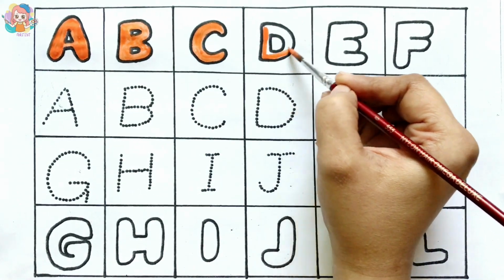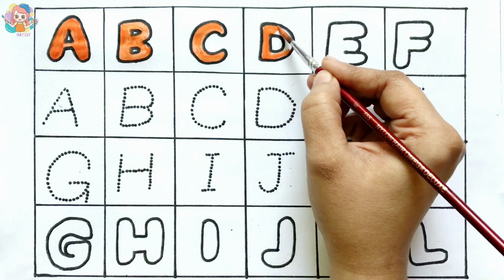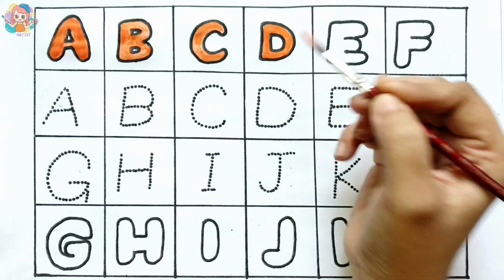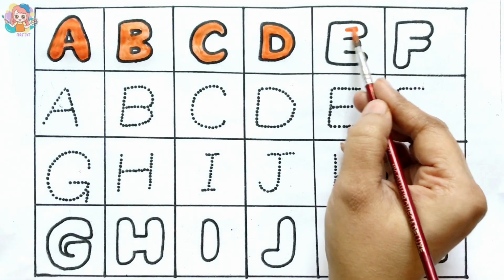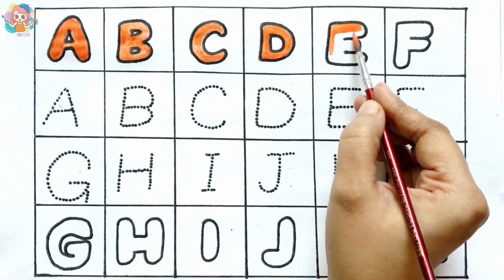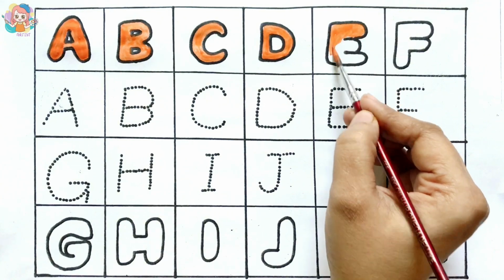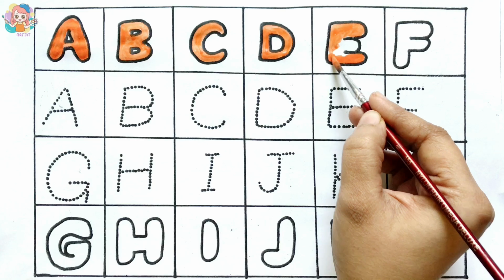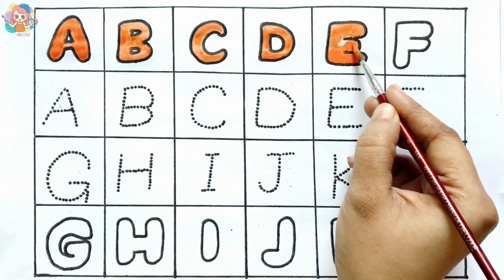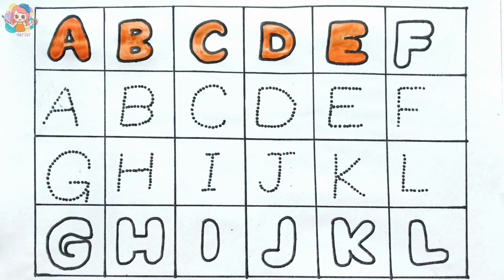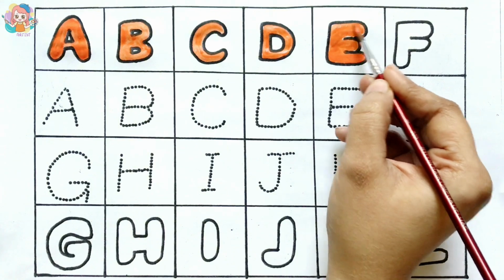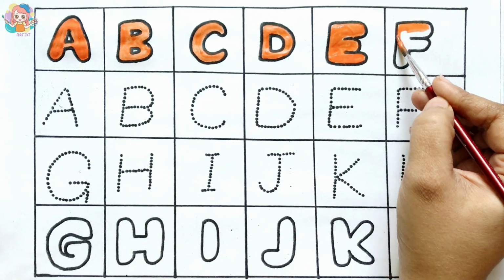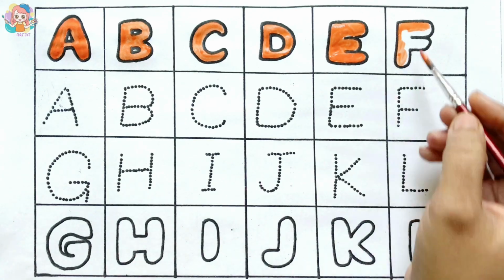D. D is for doll. E. E is for elephant. F. F is for frog.